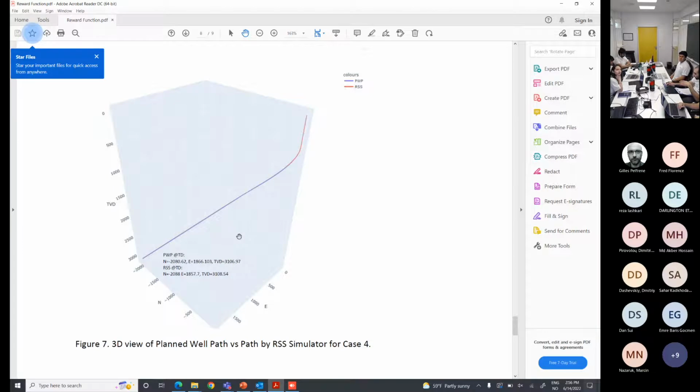And in this case, there is no trajectory control by the RSS module or the PID controller. I am just trying to optimize by the weight on bit and RPM. So later, the next phase of this work could be controlling the RSS with PID controllers. So it could be more developed and then modernized.